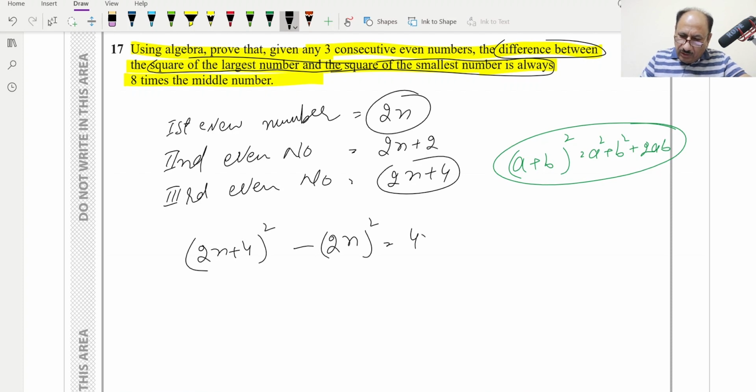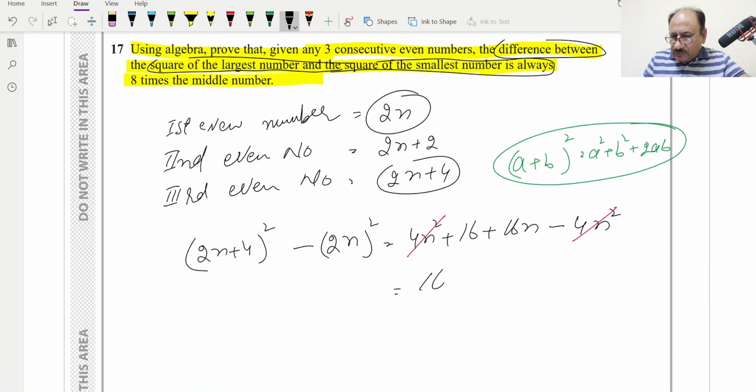This will be 4n squared plus 16, since 4 squared is 16, plus 2 into ab, which is 2 into 2n into 4, so 16n, minus 4n squared. 4n squared is the square of this one, so now we can cancel this with this, and the rest will be what?